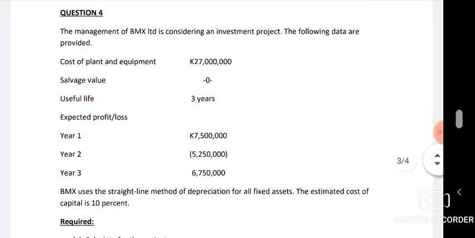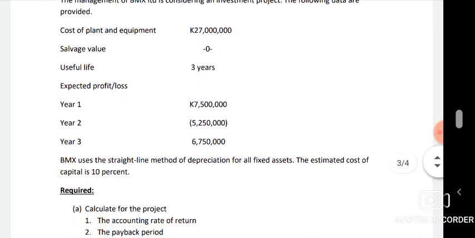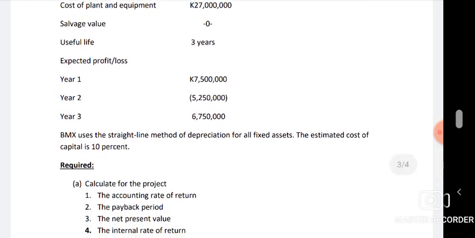If we scroll above, there's nothing about tax. If there was tax, we would have done some quick adjustments, but since this question doesn't have tax, we would not go through that route. Just remember that usually our cash flows are made after tax. But if there's no tax, then we'll assume that these cash flows that we have converted by adding back depreciation have just been converted to that same particular after tax cash flow.